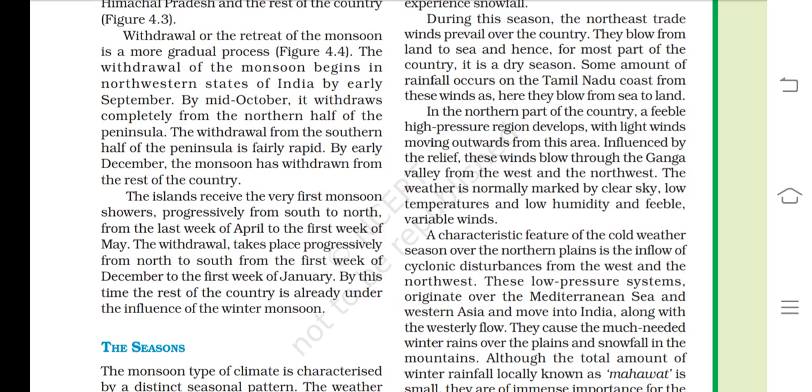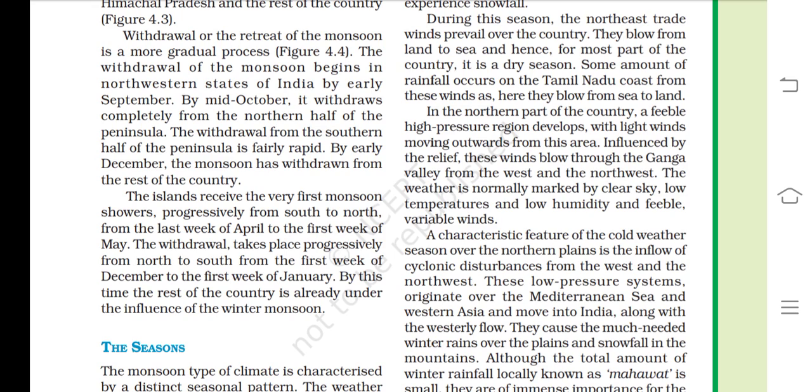The withdrawal takes place progressively from north to south from the first week of December to the first week of January. Okay, so you can see there are changes in the directions. When there is onset of monsoon, when there is burst of monsoon, it is from south to north, from the last week of April to the first week of May.